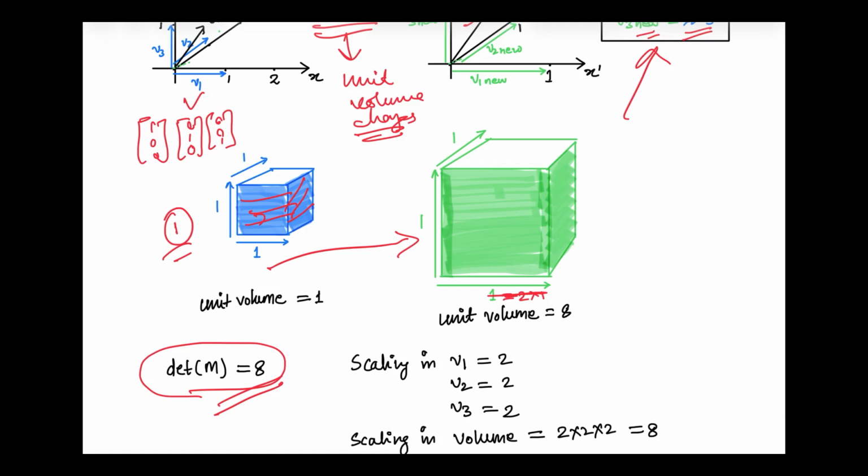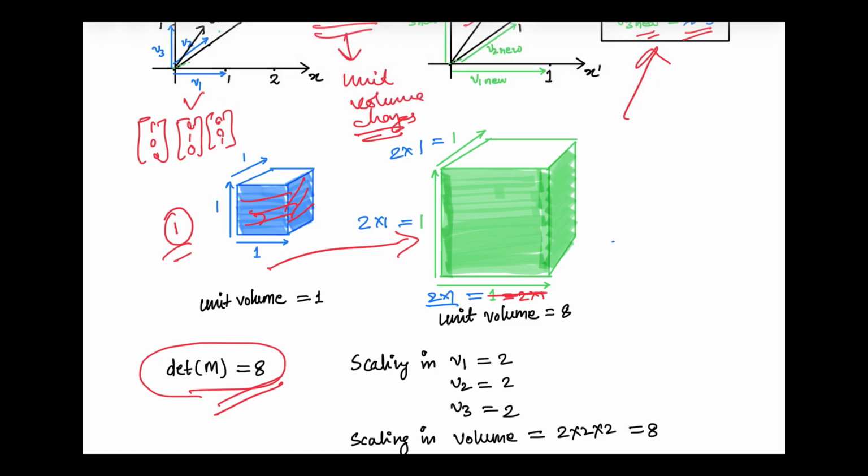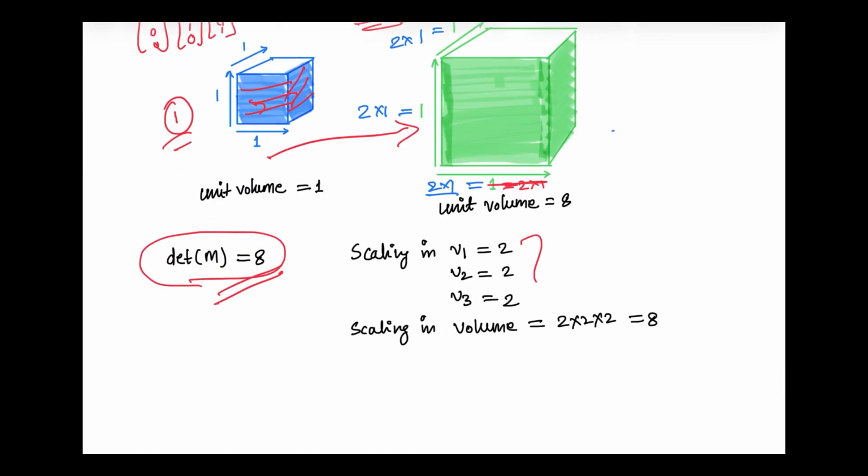So this is equal to 2 times 1, equal to 2 times 1, and this is also equal to 2 times 1. So what it is doing is changing the volume. The scaling in V1 is 2 times, scaling in V2 is 2 times, scaling in V3 is 2 times.